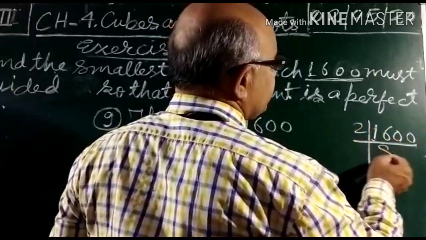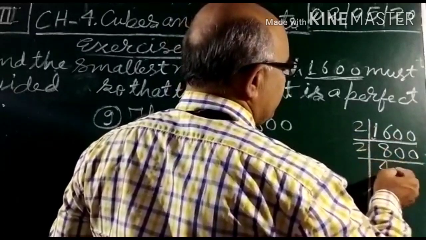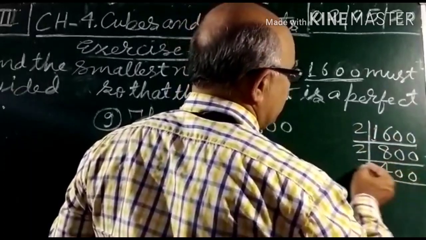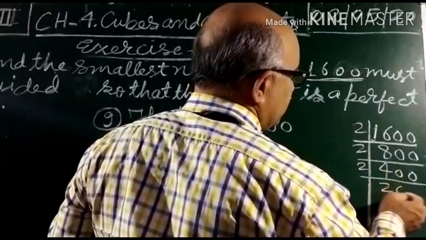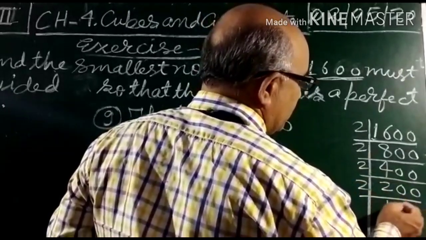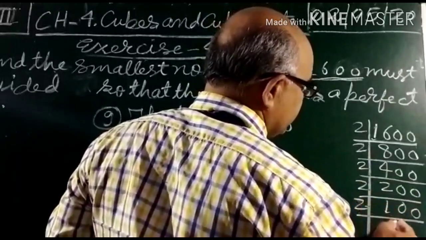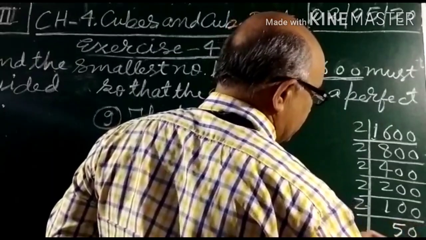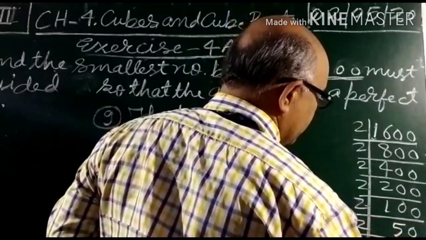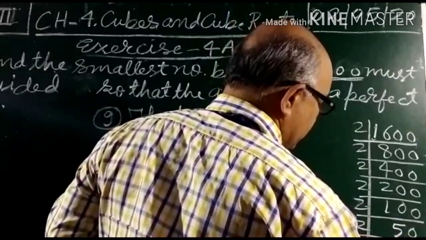1600 equal to: 2 times 800, again 2 times 400, now 2 times 200, 2 times 100, 2 times 50, 2 times 25, now 5 times 5.